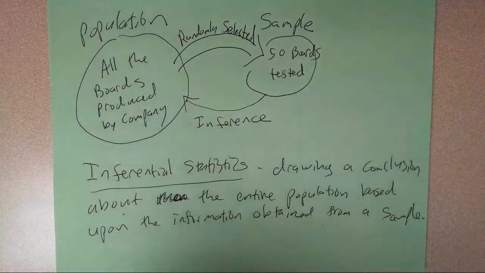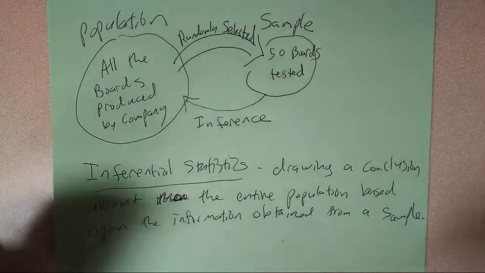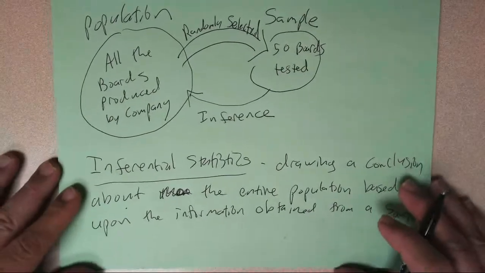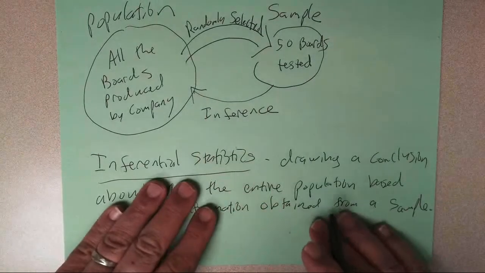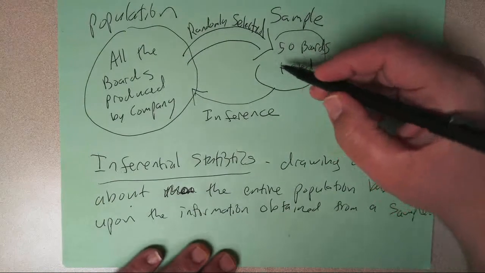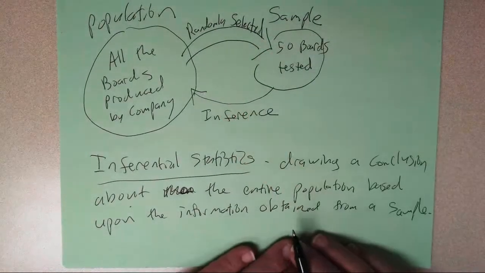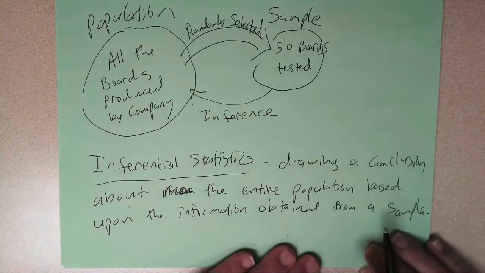It's not just a guess, it's sort of an educated guess, or a prediction of what's happening in the population. This is why it's called inferential statistics, because you're using the information obtained from a sample in order to make an inference about the entire population.